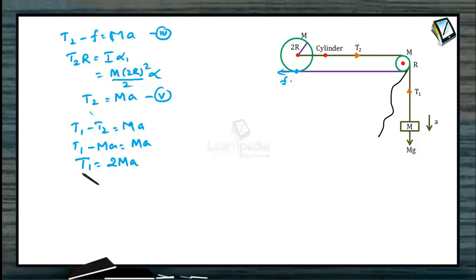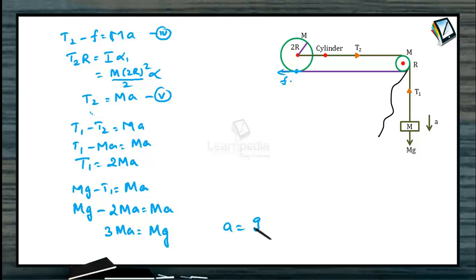Now I have the value of T1, so we can substitute in this equation: mg minus T1 is equal to MA. mg minus 2MA is equal to MA. So 3 times MA is equal to mg, or a can be written as g by 3. This is the acceleration of the mass m. a is equal to g by 3.